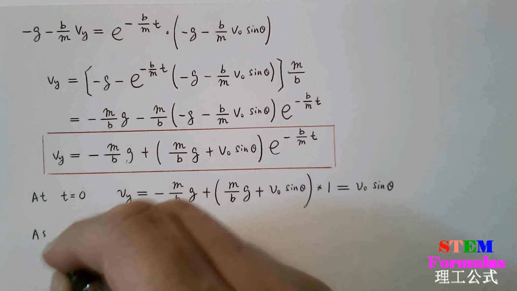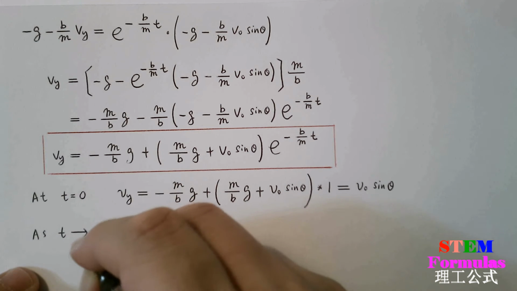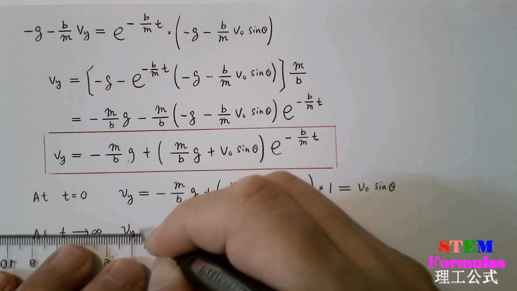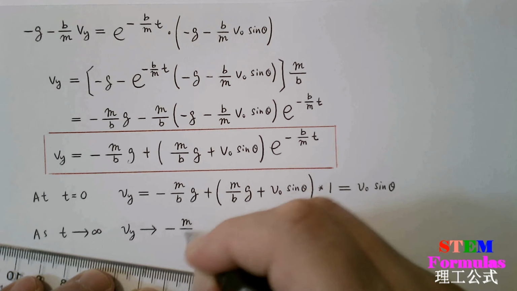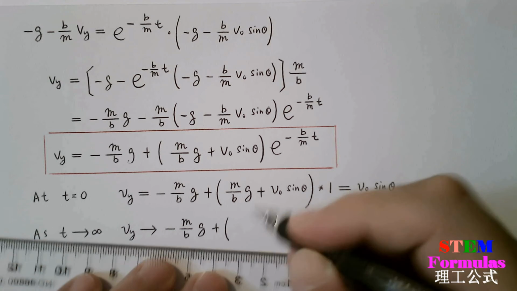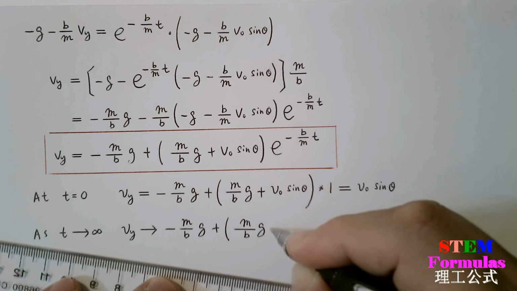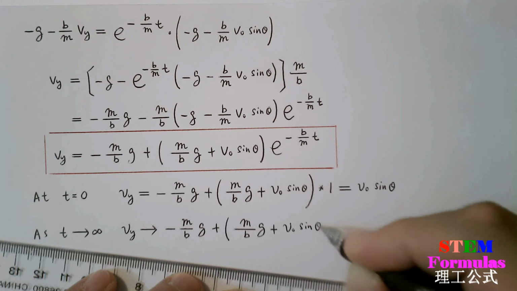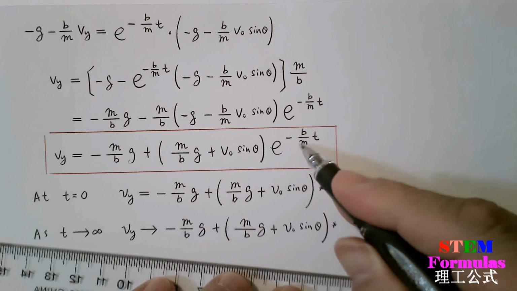As time approaches infinity, Vy approaches minus m divided by b g plus m b g plus V0 sine theta times e to the negative infinity.